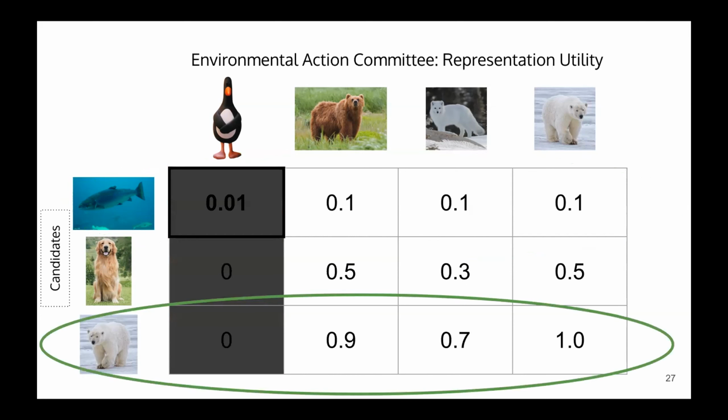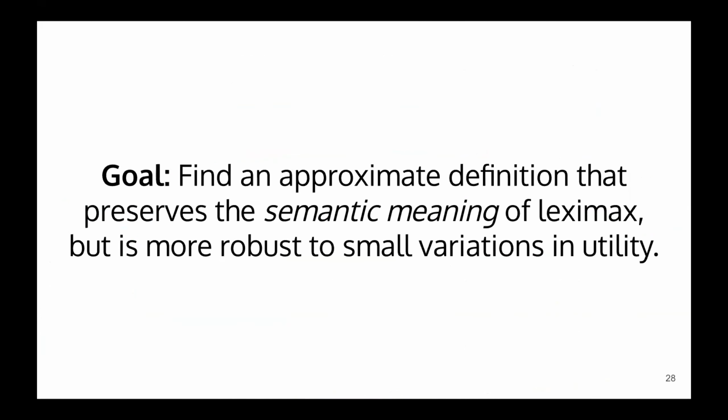So let's say we say, if we do say variations within 0.01, for example, is just noise, then we can achieve much better outcomes for the rest of the group. And you notice that, so our goal here is to find an approximate definition that preserves our semantic meaning of Leximax. So we do want to do as well as we can for every group, starting with the worst off group, but we also want to be robust to small variations in utility.